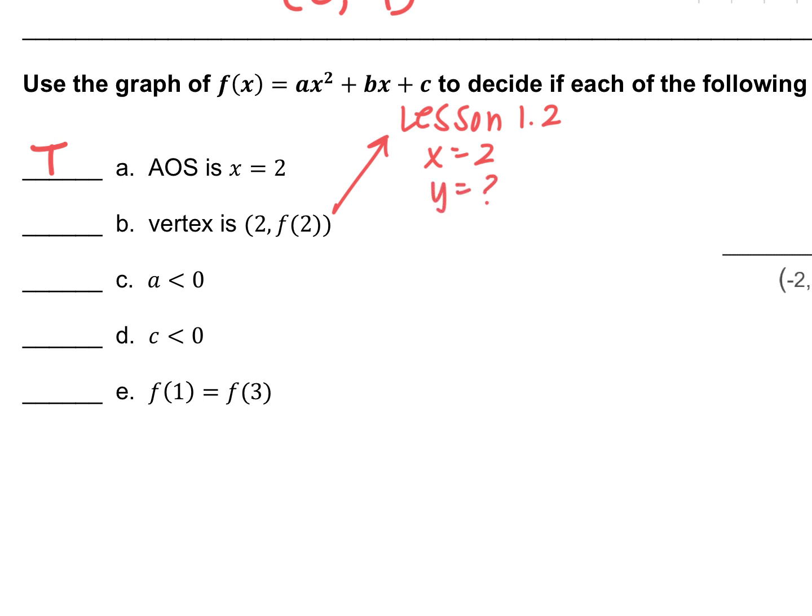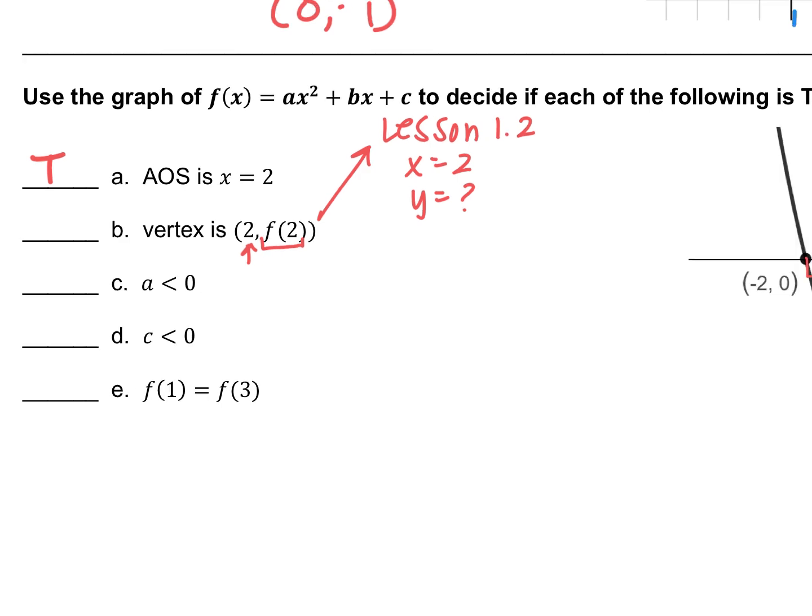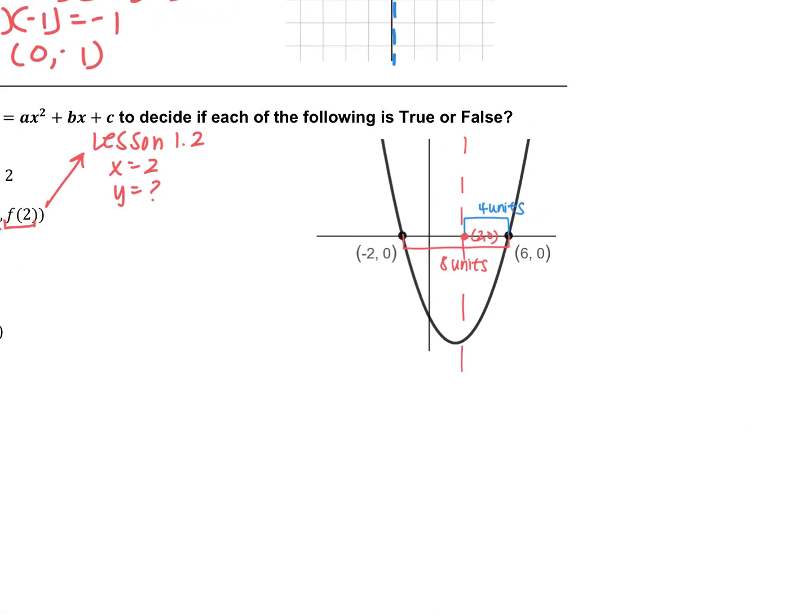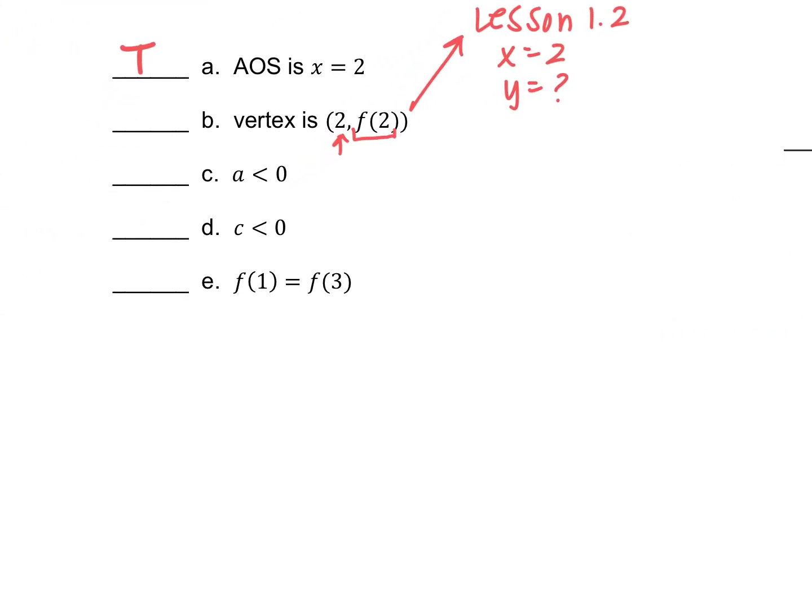So x is at 2 for the vertex, right? Because it's where the axis of symmetry is. I'm trying to find where the y value is at 2, somewhere down here, right? At 2, f of 2, okay? So that is a true statement.